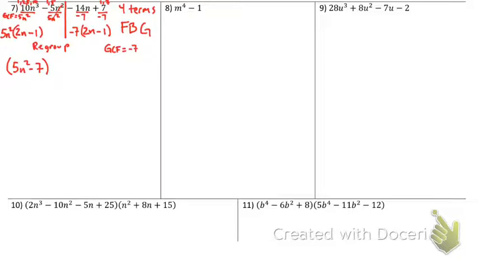Careful with your signs. And then the matching parentheses, we just have to write them down once. Because they're twins, we just write them down once. You don't have to put a power of 2 or anything, just 2n minus 1. All right, and we are done factor by grouping.